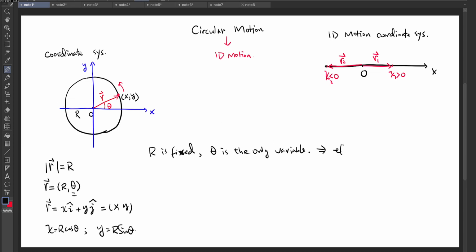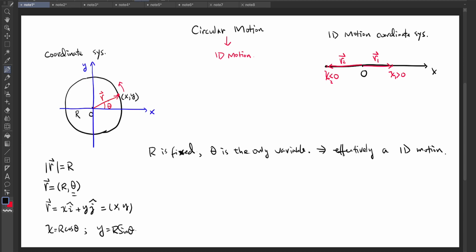So we get effectively a 1D motion, if we confine the object to be on this path only. Okay, so that's why we say that we want to review this 1D motion coordinate system first before we talk about this circular motion, because it's effectively a 1D motion.